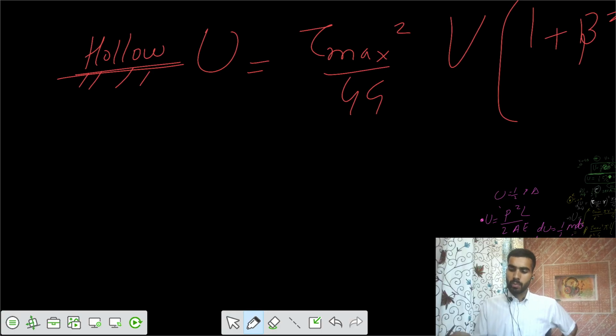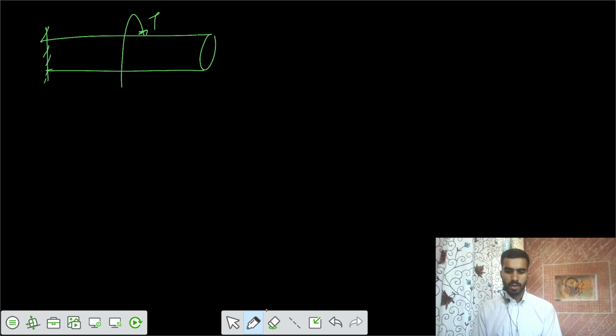If you want to take any problem, let's say that you have some shaft, and you are applying a torque of T at a location, let's say this is L and this is also L. You want to make the different aspects of that problem.